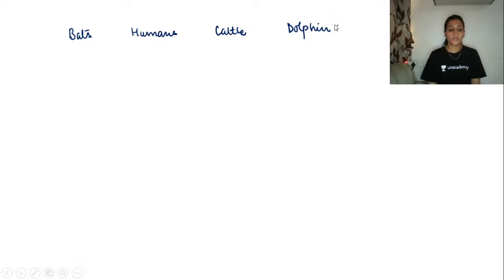These all have a certain other organ for locomotion, for movement. So bats have got wings for flying. Humans, we have got fingers for holding.